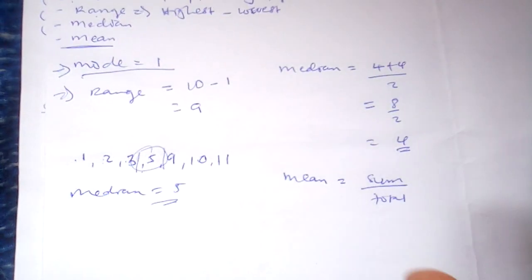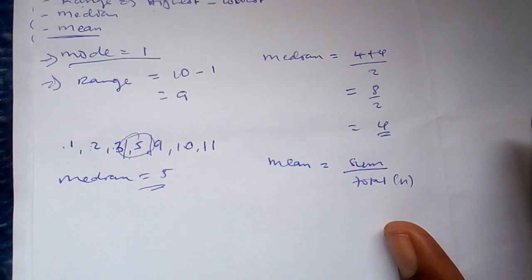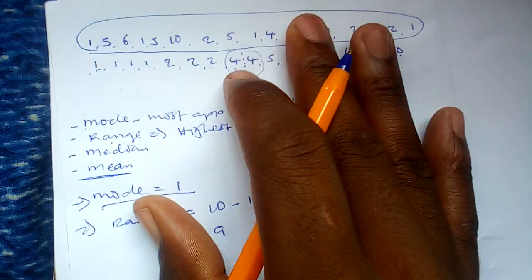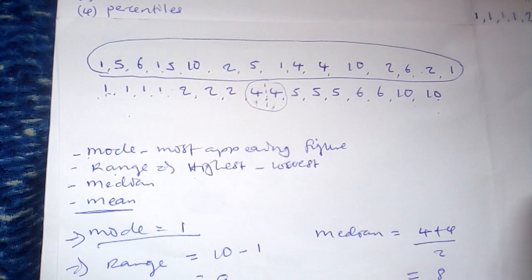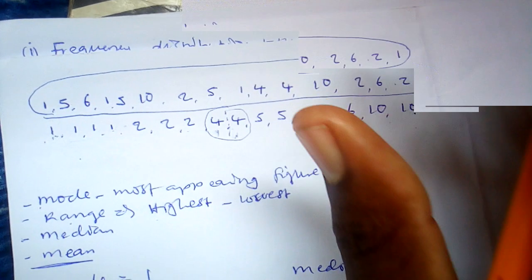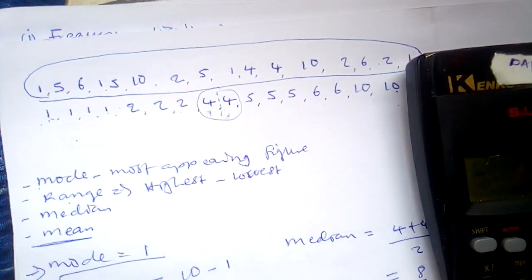The total n is the number of digits we are given. The sum is the sum of the digits. So you're going to add all these numbers. You get your calculator and you begin to add.